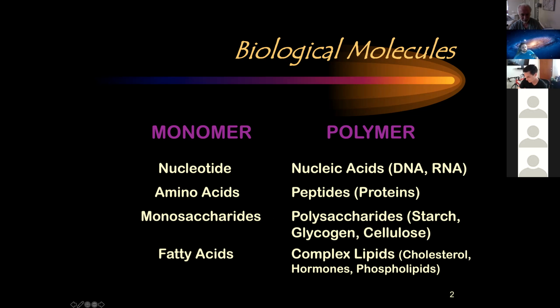Polysaccharides have monosaccharides, whereas lipids have fatty acids. So these are the monomers that build up the polymers that constitute the biological molecules that are found prominently in all living things.